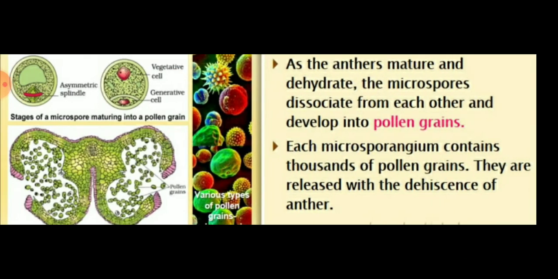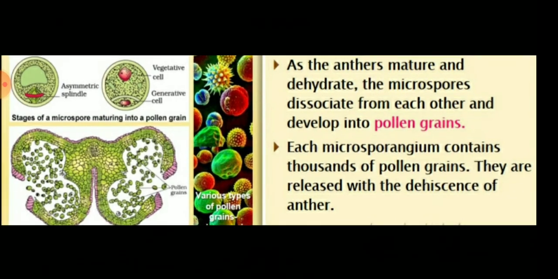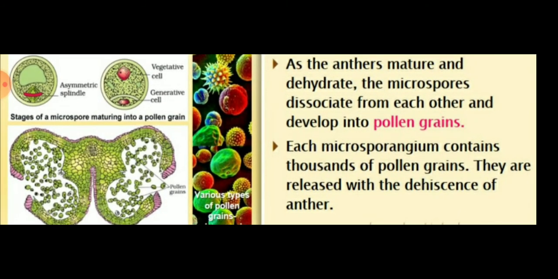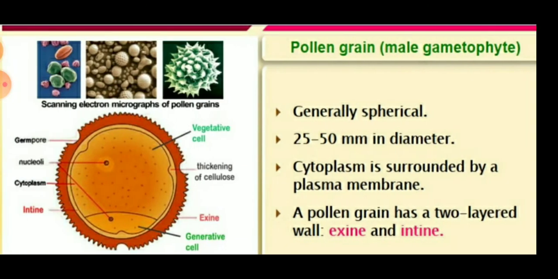As the anthers mature and dehydrate, the microspores dissociate from each other and develop into pollen grains. Each microsporangium contains thousands of pollen grains, and they are released with the dehiscence of the anther.